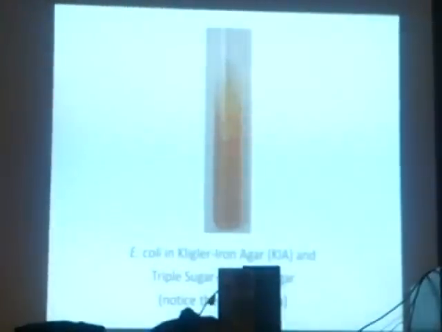Do you understand? So, if we open the incubator after 10 to 12 hours, before the incubation period is over, and we see that the tube is yellow all over, we can say that it is a glucose fermenter.